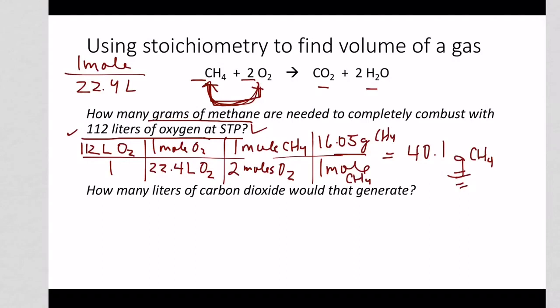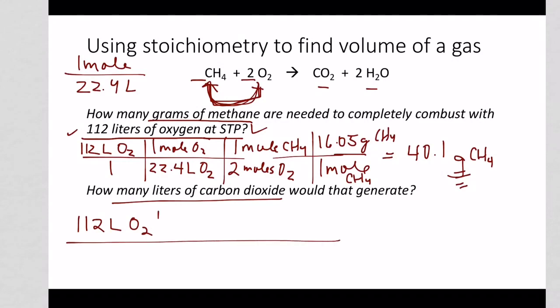Now you can also use it to figure out how many liters of things you need. So we want to know how many liters of carbon dioxide that would generate. Okay, so we're going to start with our same 112 liters of oxygen. That's what we started with.